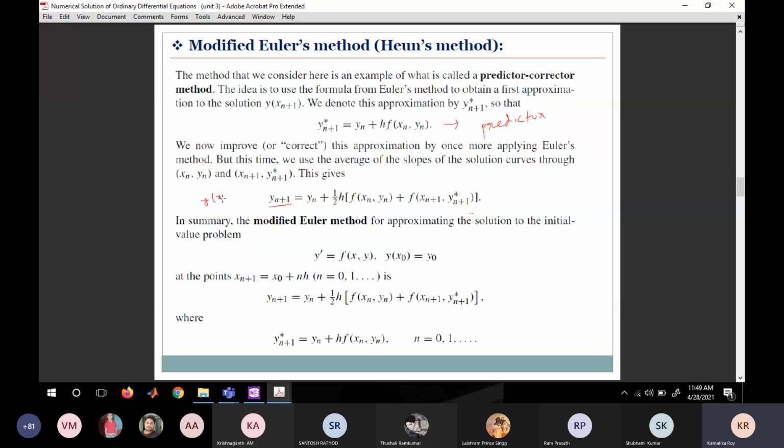This is actually an approximation to y(x(n+1)). So this will be yn plus half h of f(xn, yn) plus f(x(n+1), y(n+1) star). Basically this is the formula for the modified Euler method.